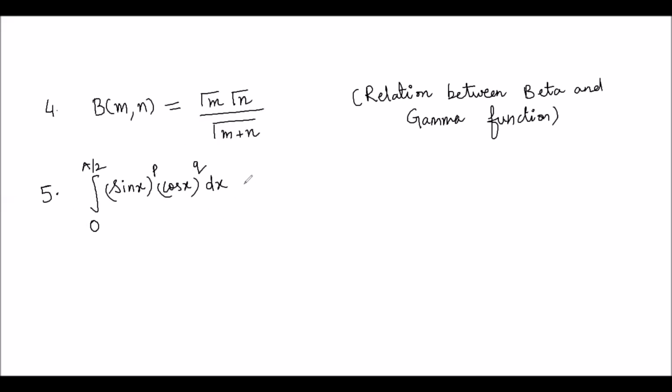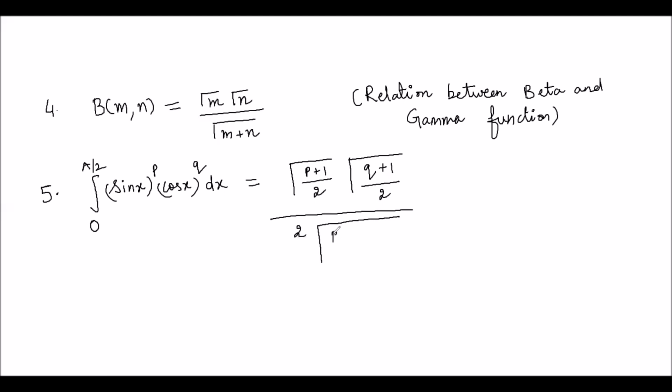And this integral can be written as gamma of (p plus 1) by 2 gamma of (q plus 1) by 2, this whole divided by 2 times gamma of (p plus q plus 2) divided by 2.